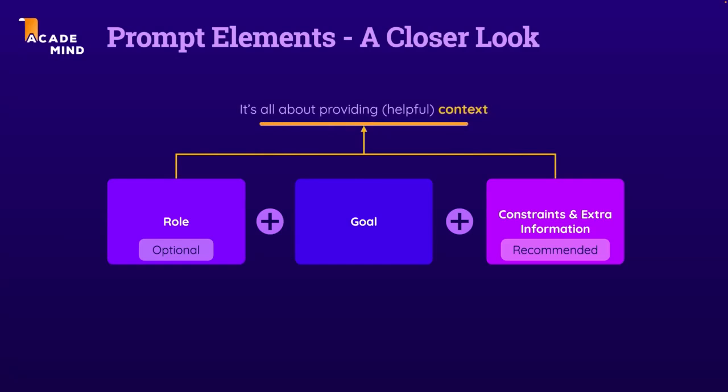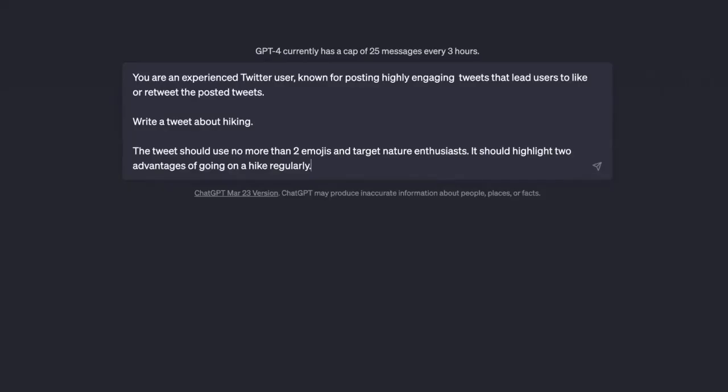For example, here I added a constraint that the response, the output generated by ChatGPT, should contain no more than 2 emojis at most, and that the target audience are nature enthusiasts.